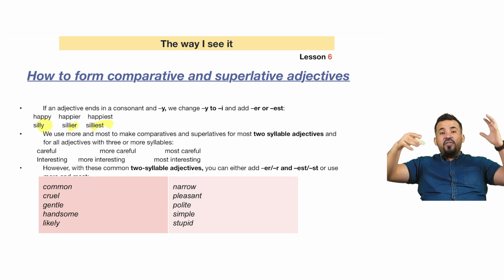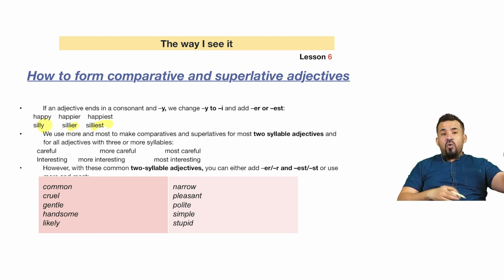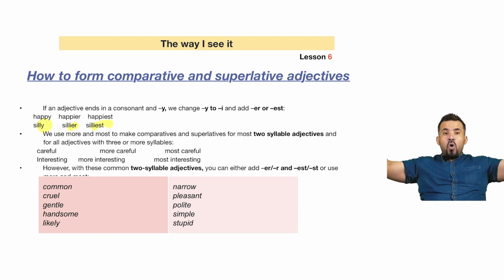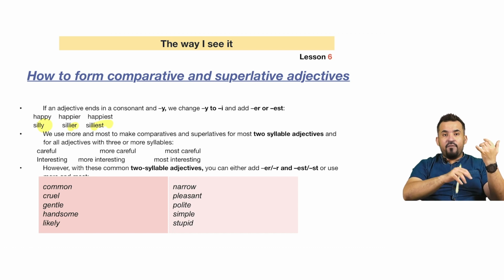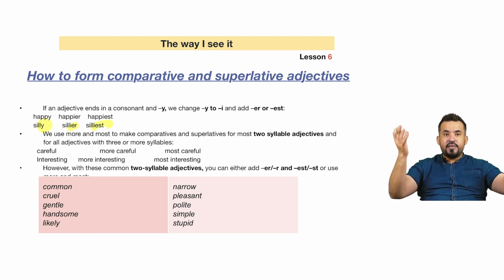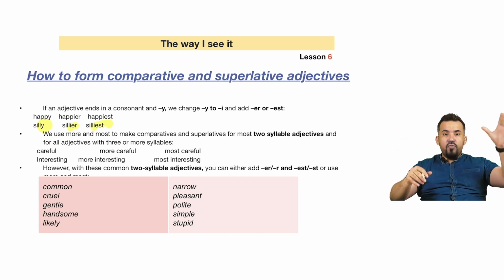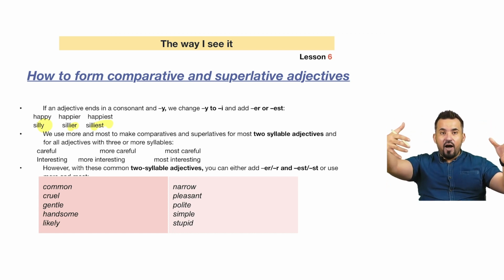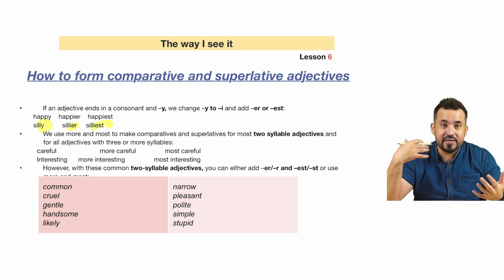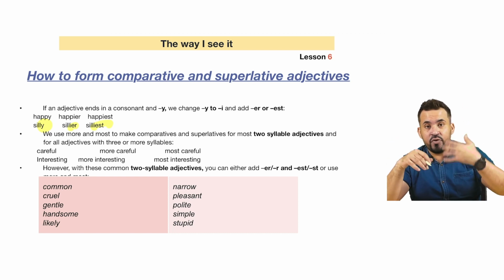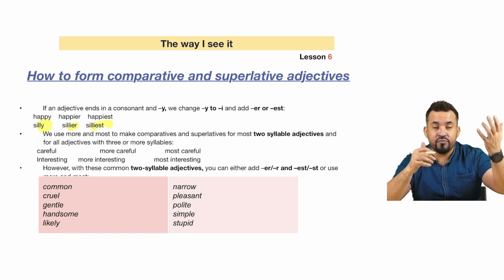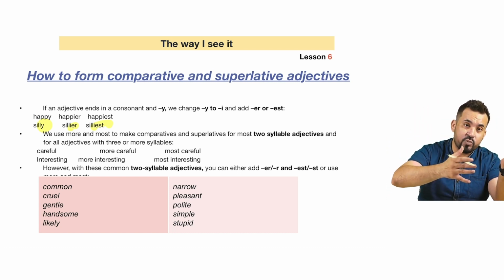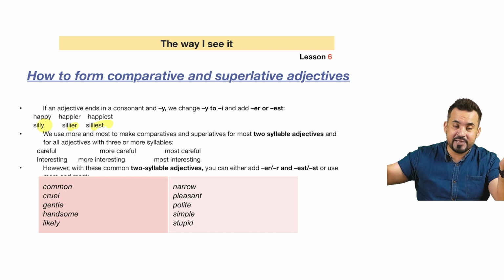Now, keep in mind that these rules apply not only for comparatives, but for all words in general. If you have a word that ends in a consonant and a Y, you remove the Y and replace it with an I. Whether that word is a comparative adjective, you put I-E-R, or a superlative adjective, you still remove the Y, replace it with an I, and then put E-S-T.